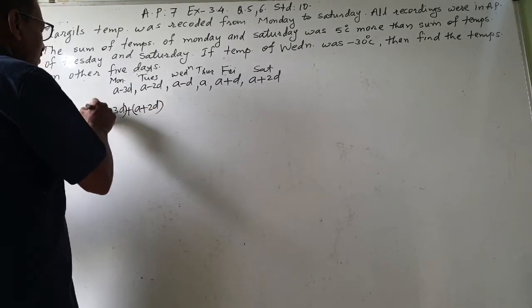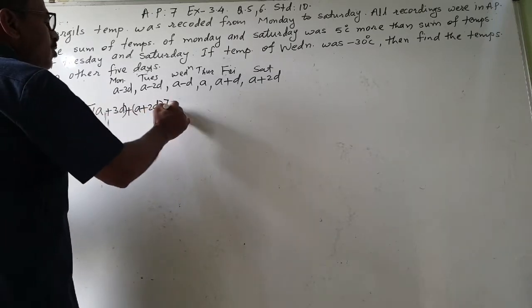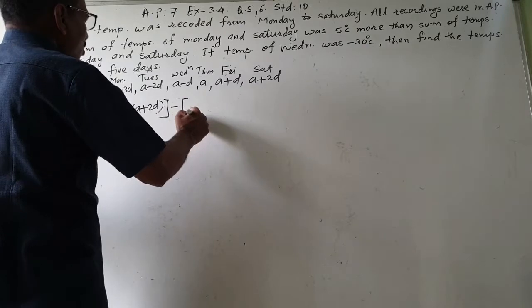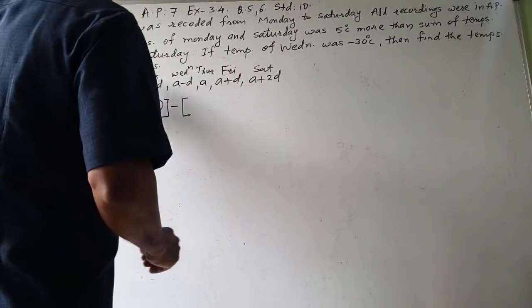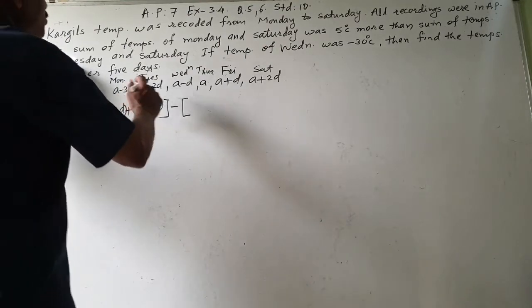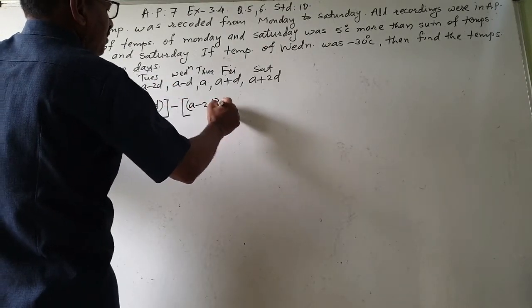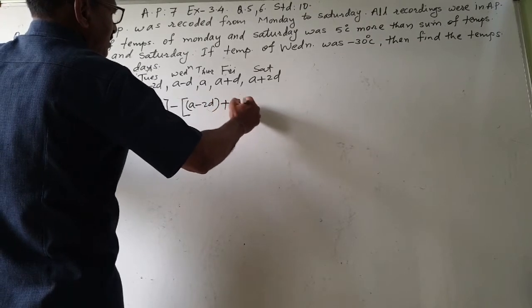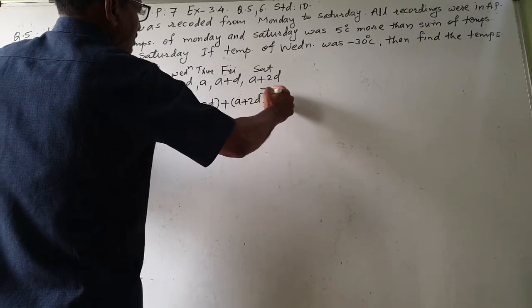This is Monday, this is Saturday. This sum is more than the sum of the temperature on Tuesday. Tuesday is A minus 2D, plus A plus 2D. By how much? By 5.